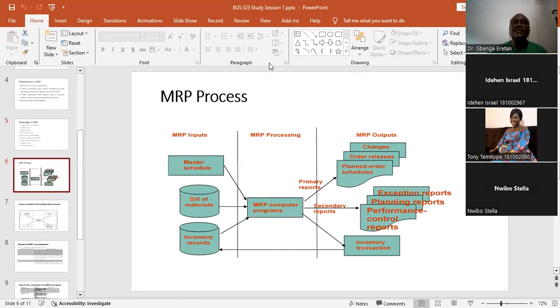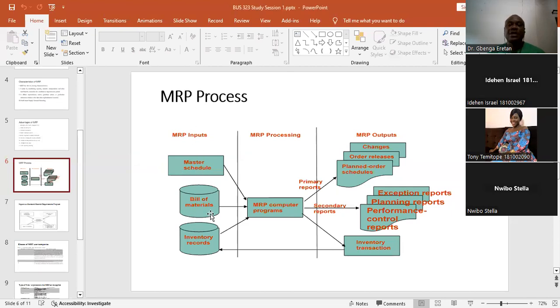Then we now look at MRP processes. MRP processes is divided into 3. Number 1, MRP input, and that is what you have on this left-hand side.